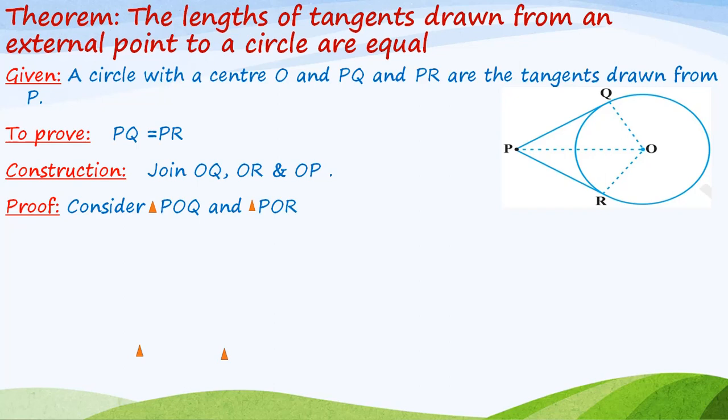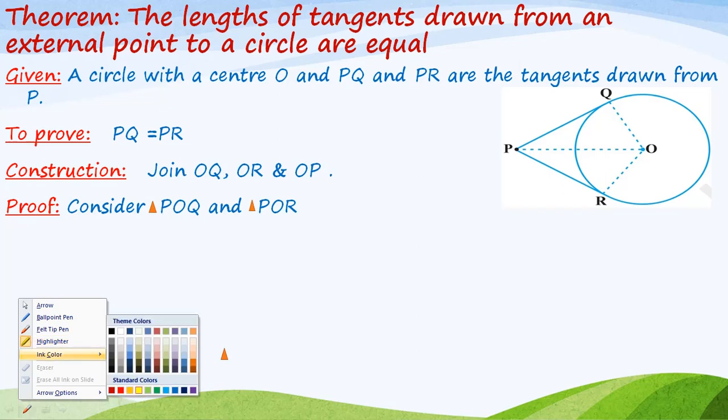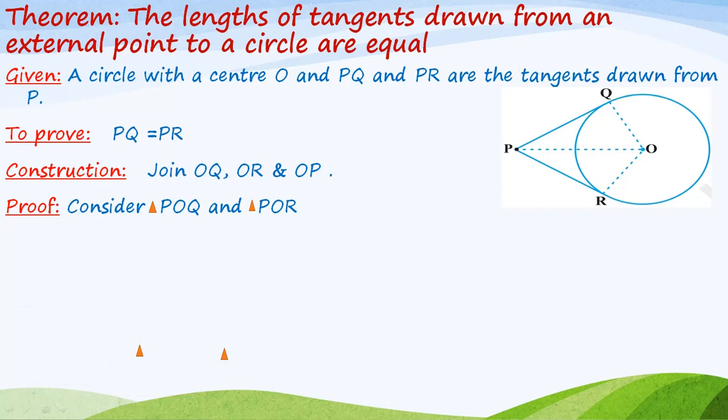Proof: first we consider the two triangles POQ and POR. These are the two triangles.